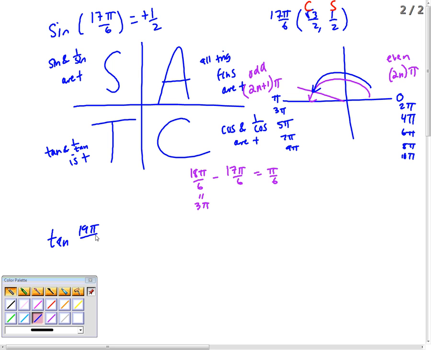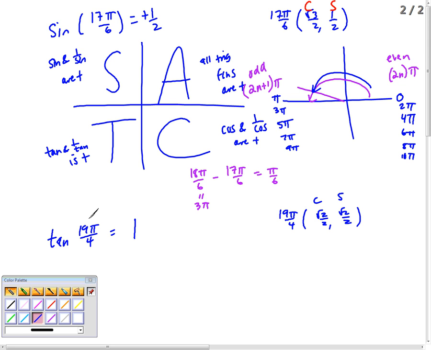19 pi over 4. I know right away root 2 over 2, root 2 over 2. Again, I'm not worried about the signs. So tangent is what over what? Sine over cosine. So the answer is going to be 1 or negative 1. I'll plug in the sign in a second.